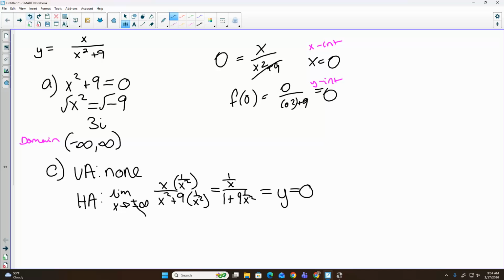So next is increasing and decreasing and critical points.